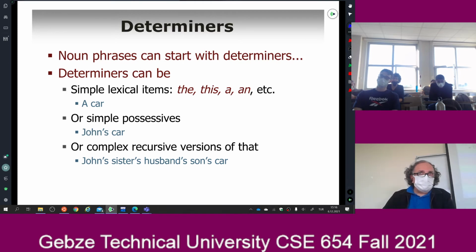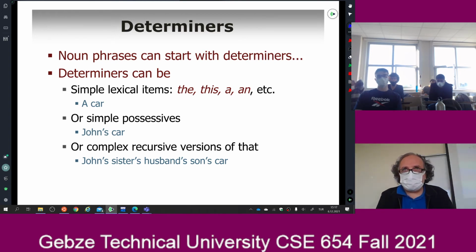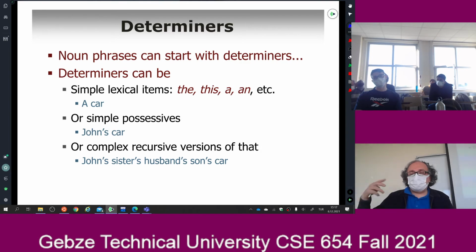So in order to make the previously discussed tree, we need to first do the part of speech analysis. Part of speech analysis doesn't mean that we know what tag I am assigning; maybe it means that we know what probabilities I am assigning to each tag. If I know the probabilities of each tag for each word, then I can use those probabilities to assign probabilities to parse trees.